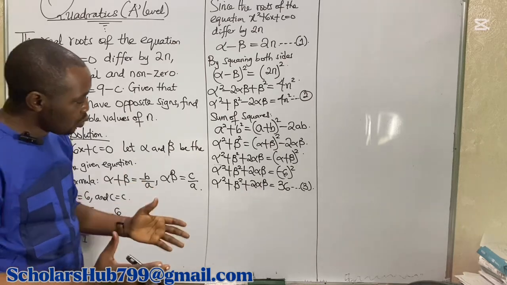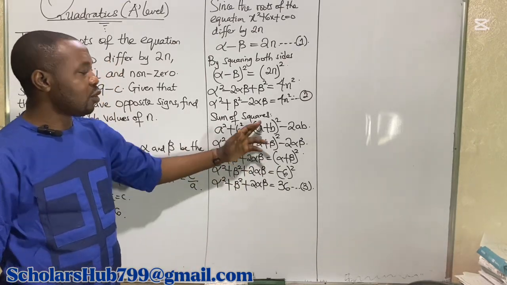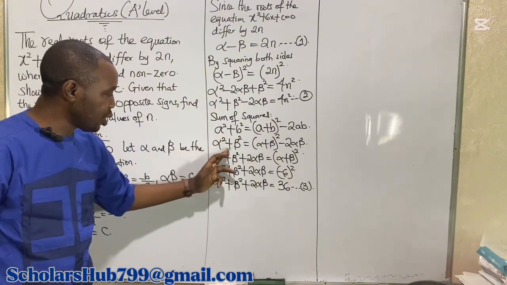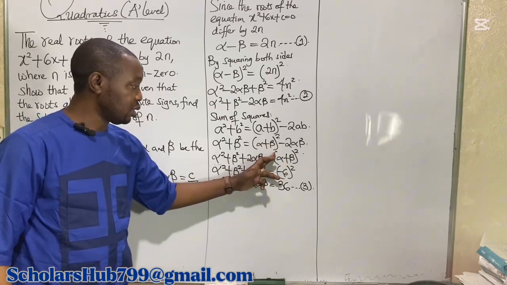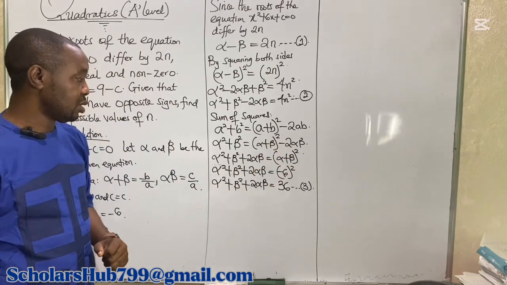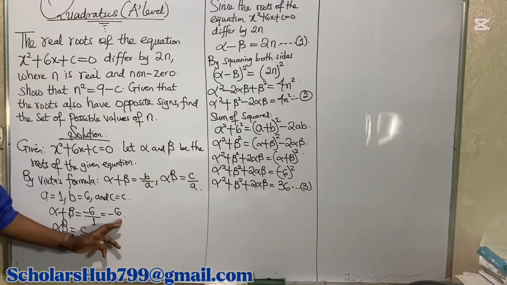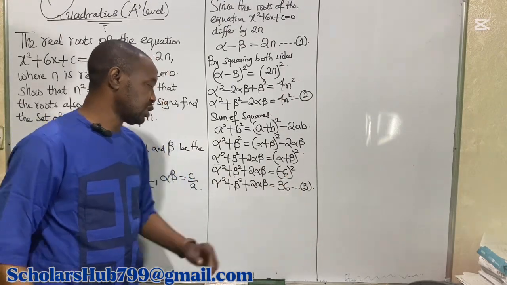So then I also introduced here that the sum of squares, alpha squared plus beta squared, equals the square of the sum of alpha and beta, minus 2 alpha beta. Now we have from here that alpha plus beta is negative 6, so we have minus 6 squared, which is 36.